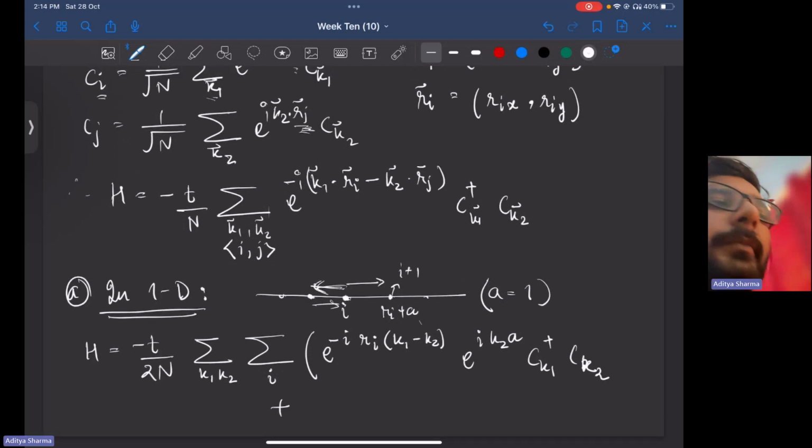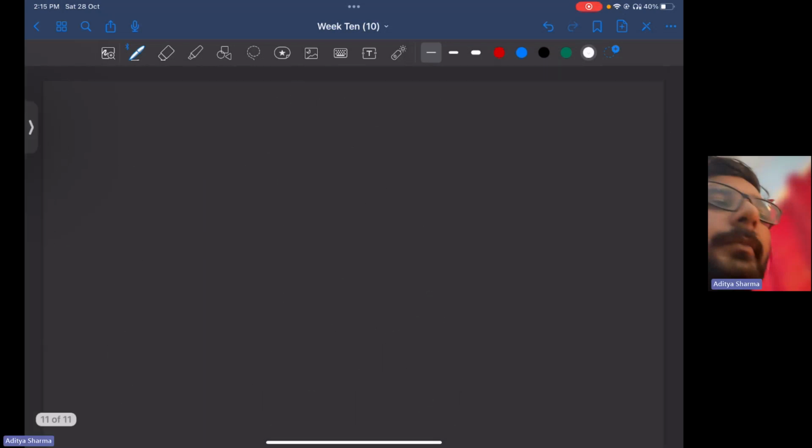The Hermitian conjugate, on the other hand, will have a sign which is opposite. And you're going to have this thing. You can check this for yourself. This is correct. So you're going to get minus t by 2n, sum over k1, k2, and i.